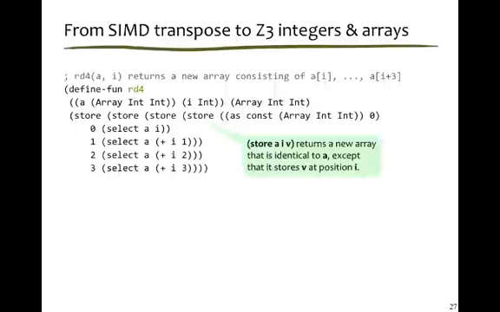So how do we express this in the theory of arrays? Well, we have to introduce one more additional symbol, which is a part of the theory of arrays, which is this store function. Store takes as input an array, an index, and a value. And its semantics is it returns a copy of A, except that at position i, it has this value b, right? That is the semantics of the store formula.